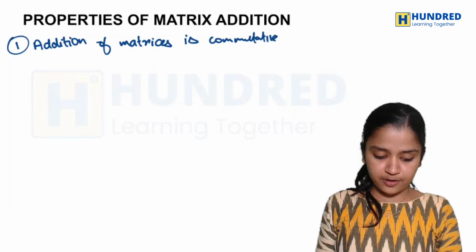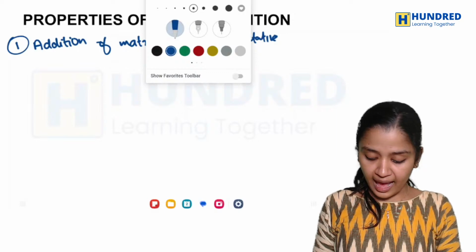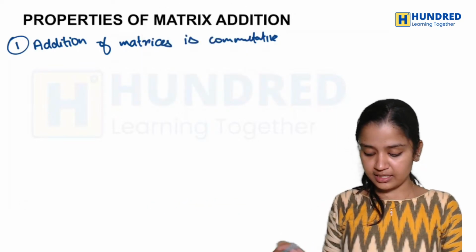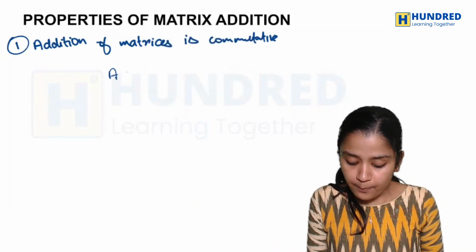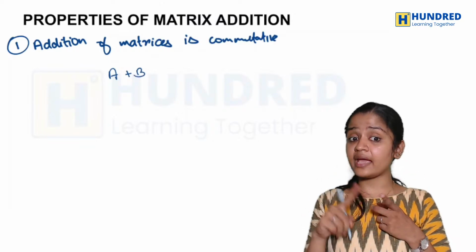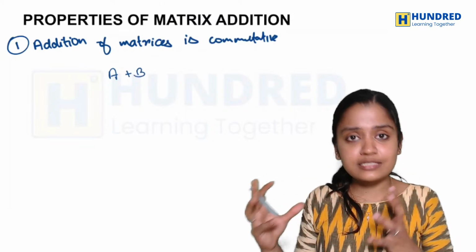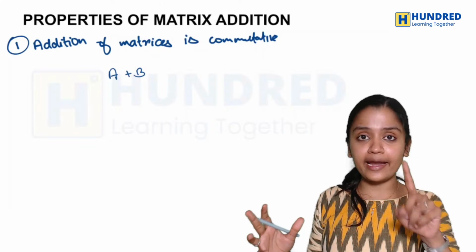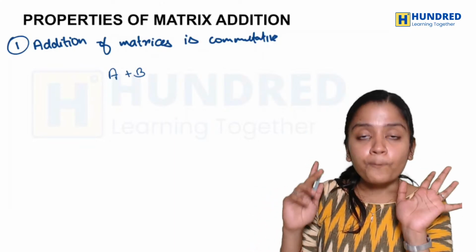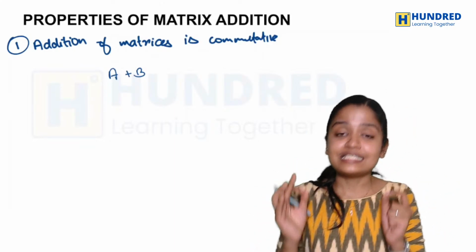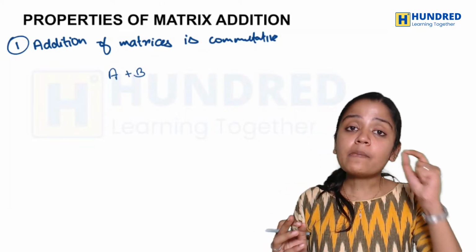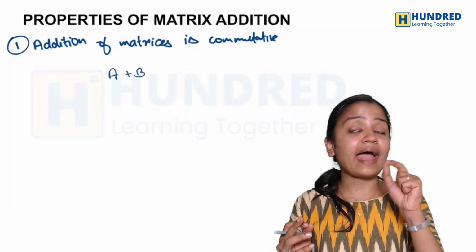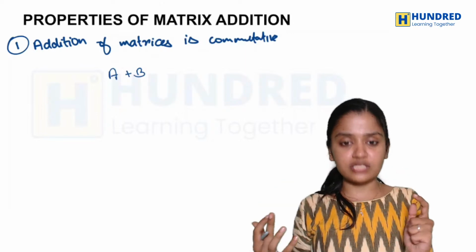What does that mean? So when you are adding two matrices, basically if you are adding A plus B, here A is a matrix, B is a matrix, and for adding matrices both the order should be same. Same way here A matrix order is also same and B matrix order is also same.